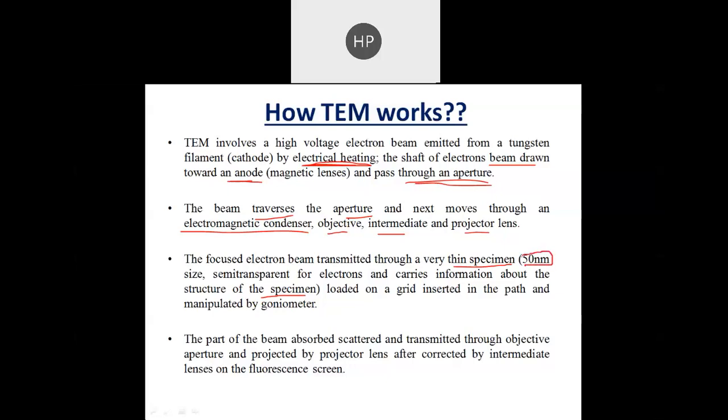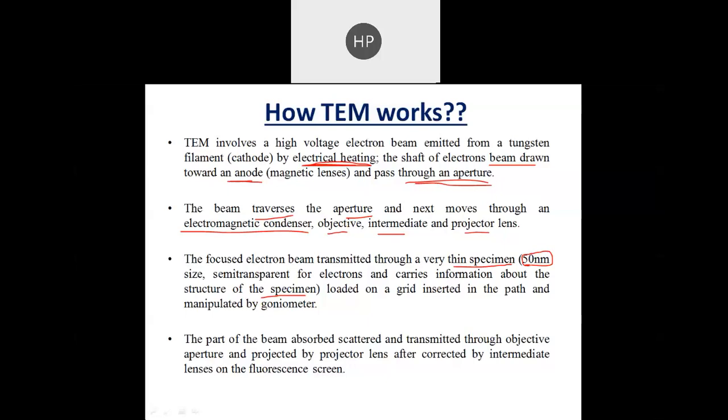It is approximately 50 nanometers, which means we have to choose the part of the specimen in such a way that only that 50 nanometer size will carry the information of the whole structure. That's why it is important to choose a proper specimen for the transmission electron microscope.